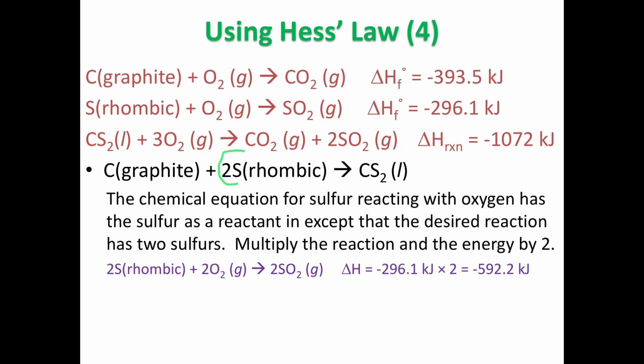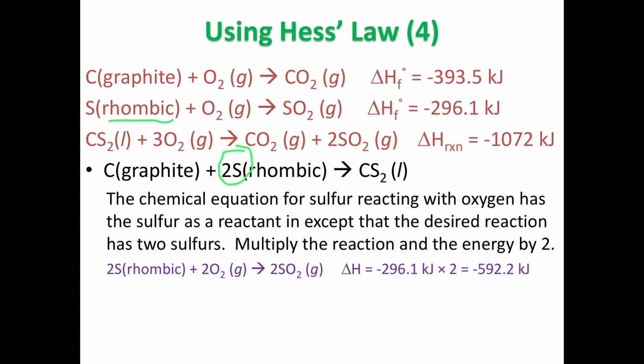Second, in the overall reaction, we need two sulfurs. The chemical equation for sulfur reacting with oxygen has the sulfur as a reactant, except that the desired reaction has two sulfurs, and this second reaction only has one sulfur. Thus, we must multiply the reaction and the associated energy by 2.